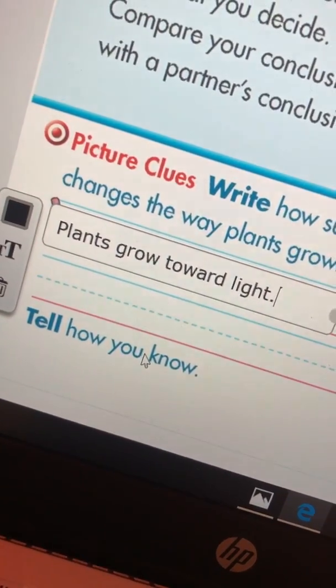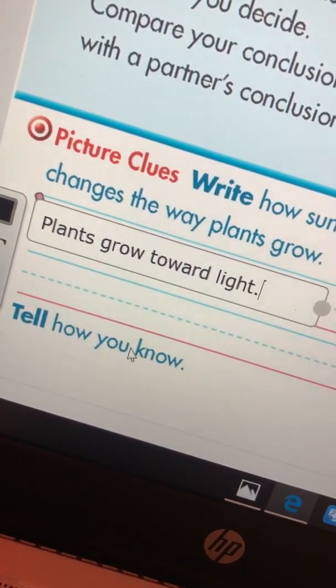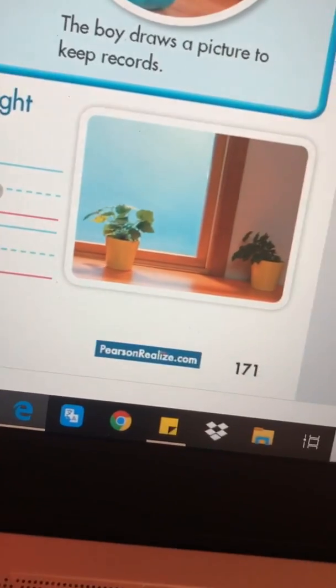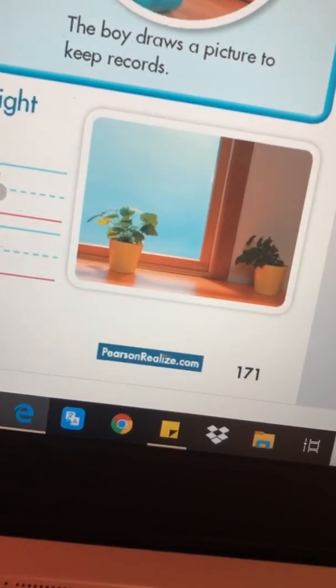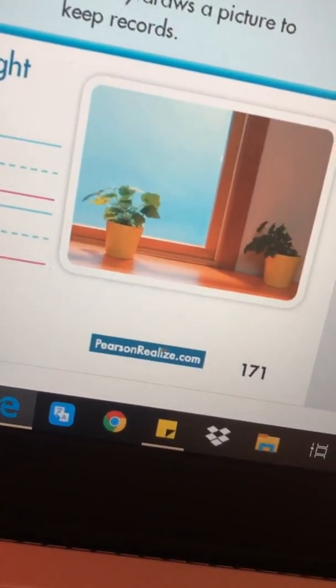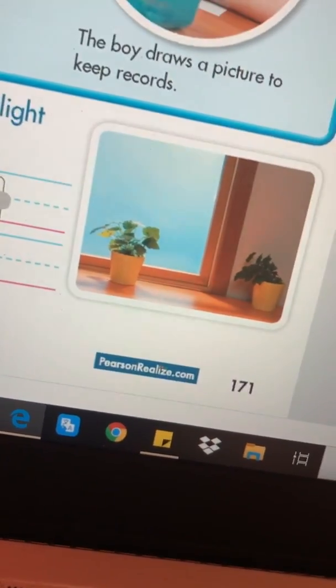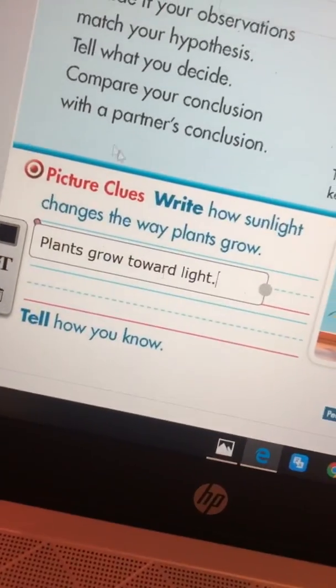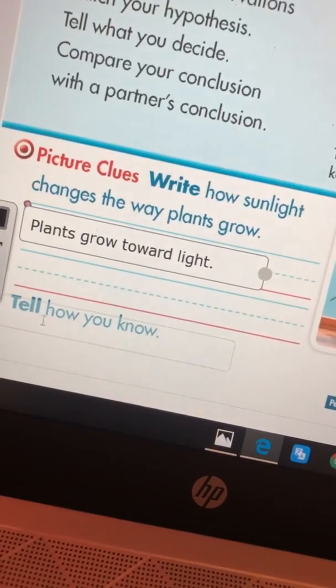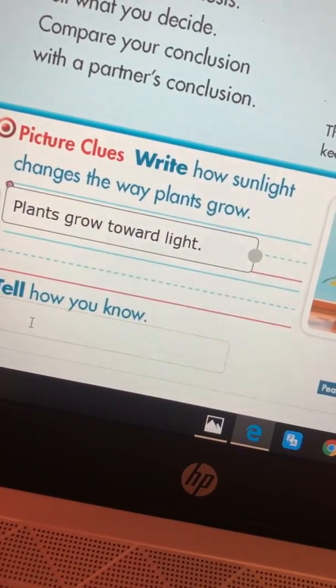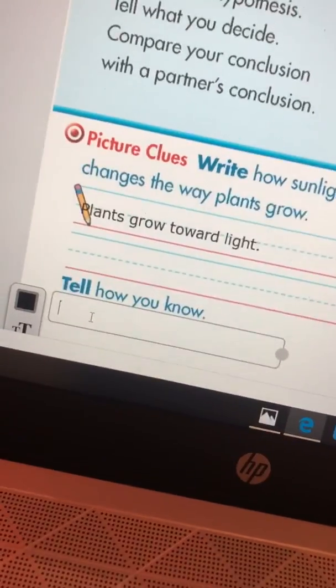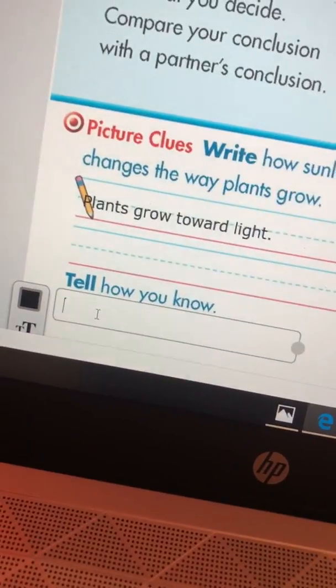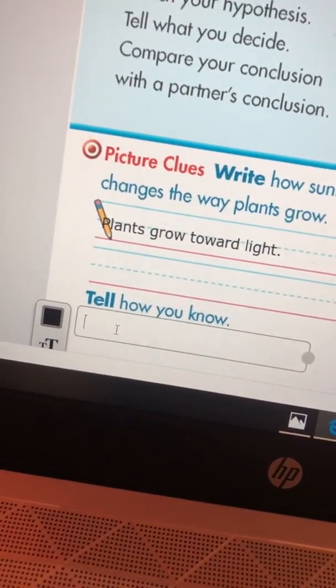Because the picture shows a plant growing toward light. After our test, we can notice that the plant is growing toward the sunlight. So we can answer together.